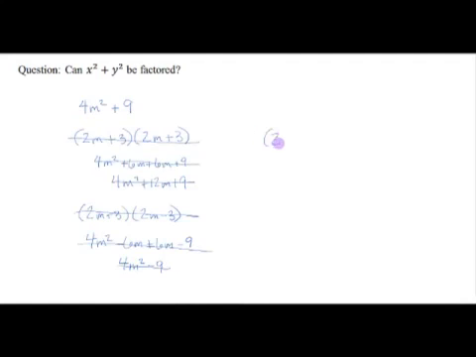One thing left to check is maybe we could try 2m minus 3 and 2m minus 3. So 2m times 2m again is 4m squared, a negative 6m, a negative 6m, and a positive 9. Collecting like terms, I have a middle term which I don't want, so this can't be the factorization of that either. We have exhausted all the possibilities for this to be factored with real numbers, so it cannot be factored with real numbers.